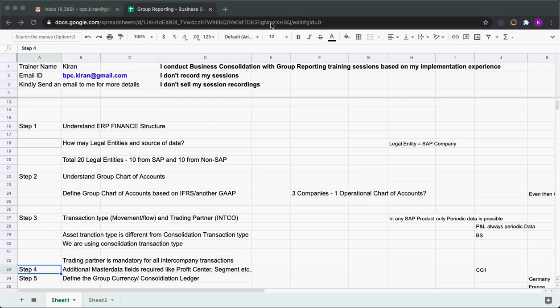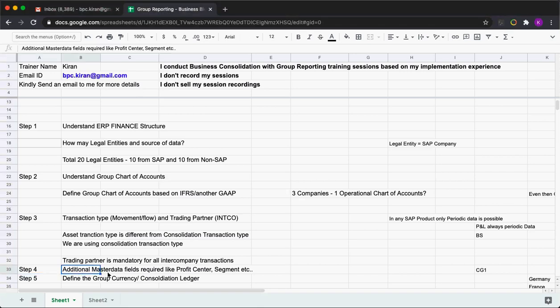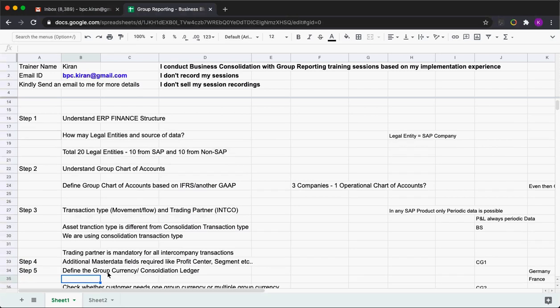Now, additional master data fields required, like profit center, segment, whatever additional master data you need. By default, you can list out period, fiscal year period, consolidation unit, consolidation ledger, consolidation chart of accounts, and financial statement data.